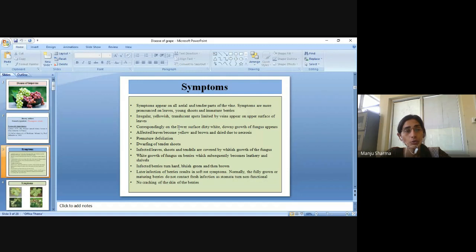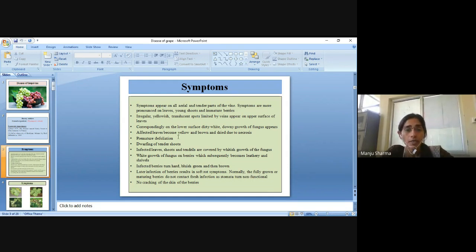Two types of disease are there, one is downy mildew and another is powdery mildew. In powdery mildew, basically white spots or a powder-like appearance will be there, while in downy mildew basically spots are there.